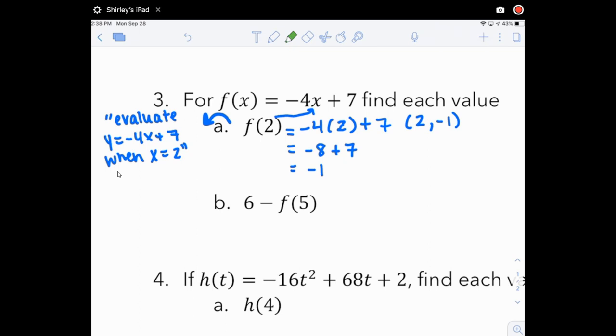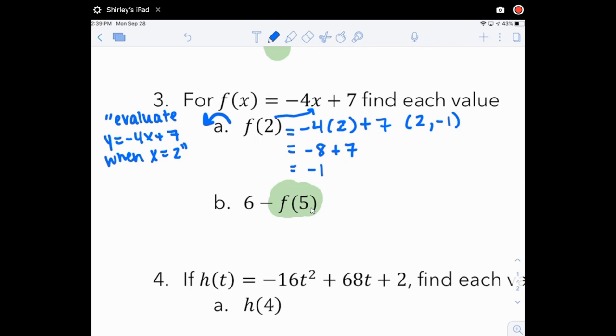B says 6 minus f at 5. As we're doing these function notation problems, if you're thinking in terms of order of operations, you always want to evaluate your function rule first. So that whole 6 minus part, I'm going to save until I actually figure out what f at 5 is. And remember, that's just a fancy way of saying evaluate y equals negative 4x plus 7 when x equals 5.